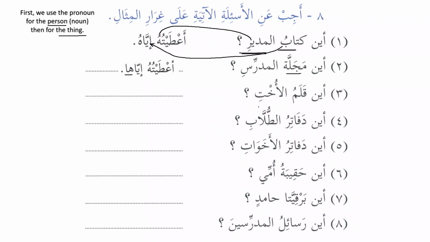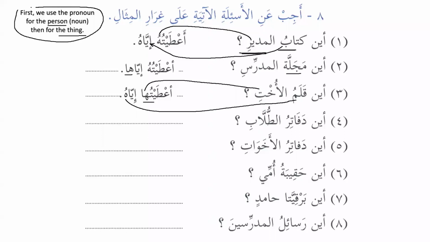Where is the pen of the sister? أعطيتها إياه. Excellent. So now we see that ha refers to the sister, and hu refers to the pen. If we focus on this rule, inshallah, the exercise will be much easier for us to do.